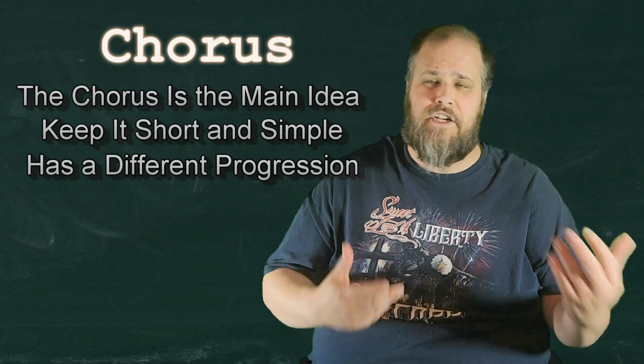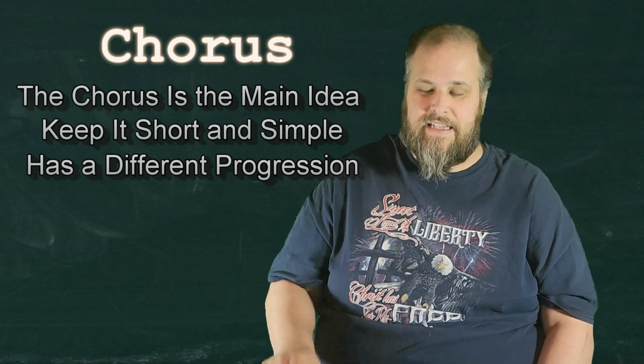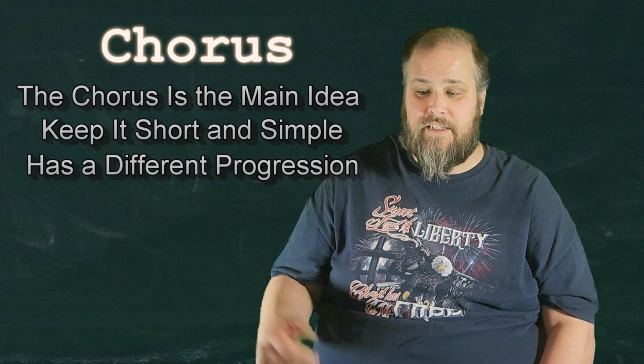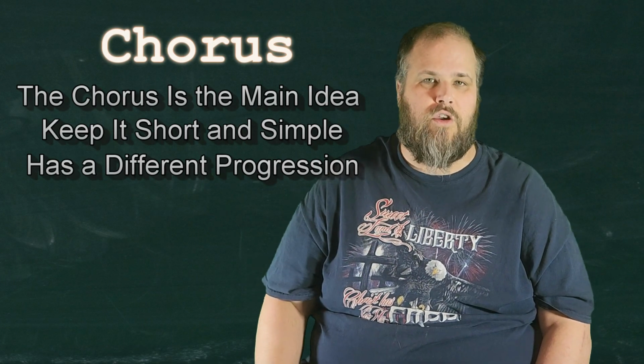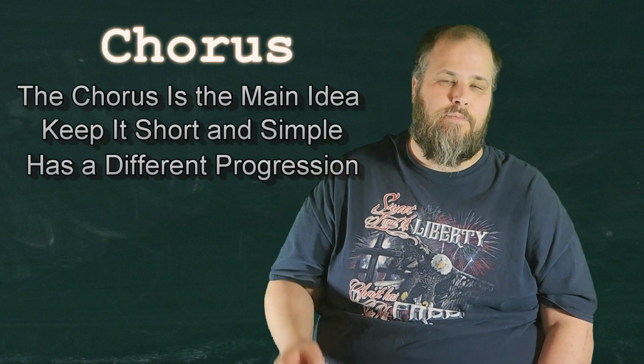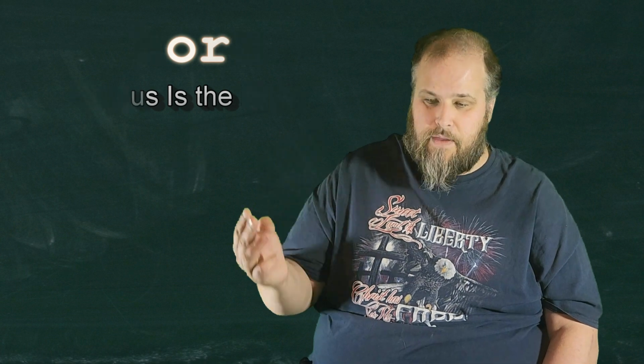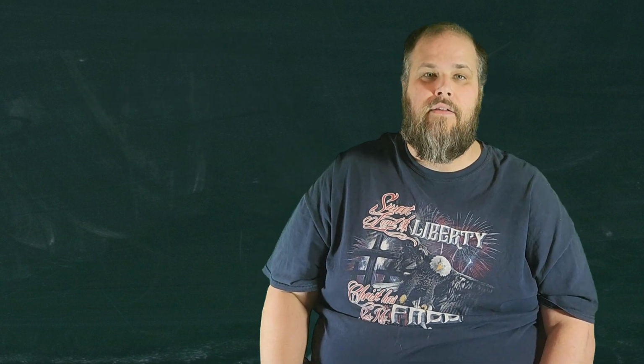Or if you want a questioning feeling to your chorus, start on a 4 chord. You'll find that these things tend to work very well. If you want it to be sad, you might want to start on a 6 chord. But in any case, 3 things need to be true of the chorus. It needs to be shorter than your verse, it's your takeaway, and it needs to be written in such a way that the tune will make them remember.